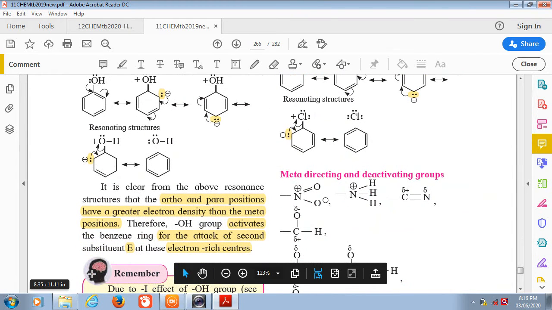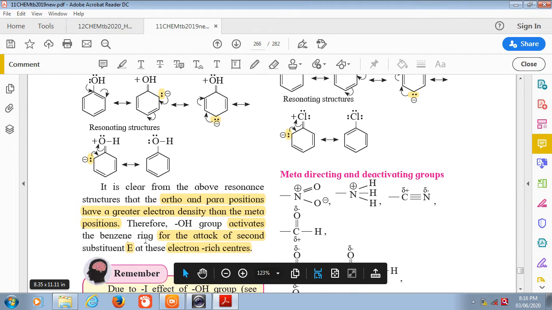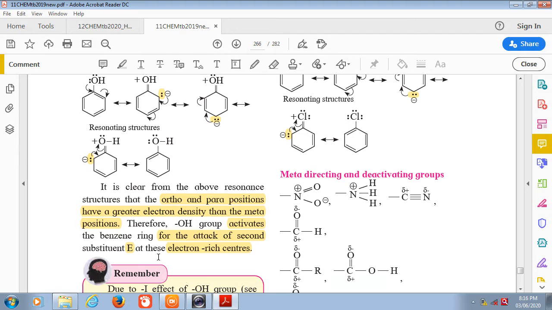So ortho and para positions have a greater electron density than the meta position. So the OH group, Cl group or X group activates the benzene ring for attack of the second substituent, which is an electrophile, at this electron rich center. Which is the electron rich center? Ortho and para.